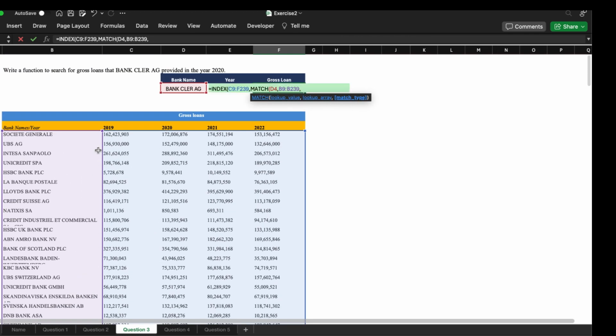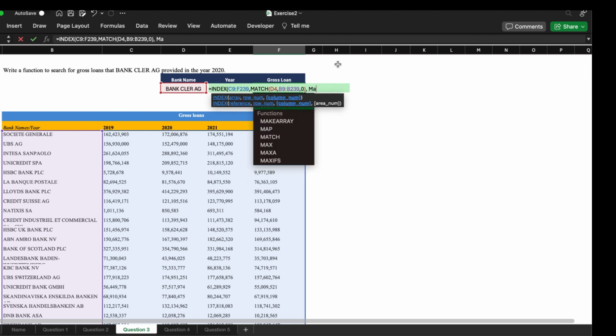So we select the bank names, and the type of search that we are looking for is an exact match. We then match it again, because here the criteria are 2. We need to look for bank and year. So the next is we need to match the year.